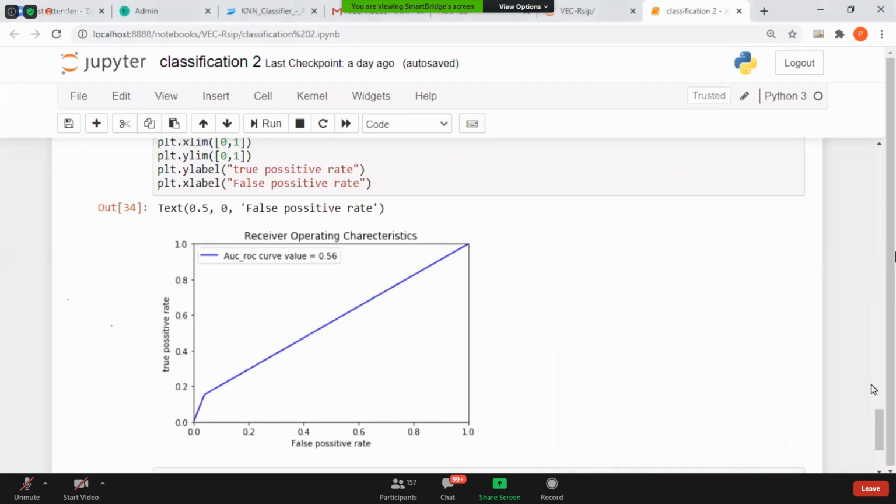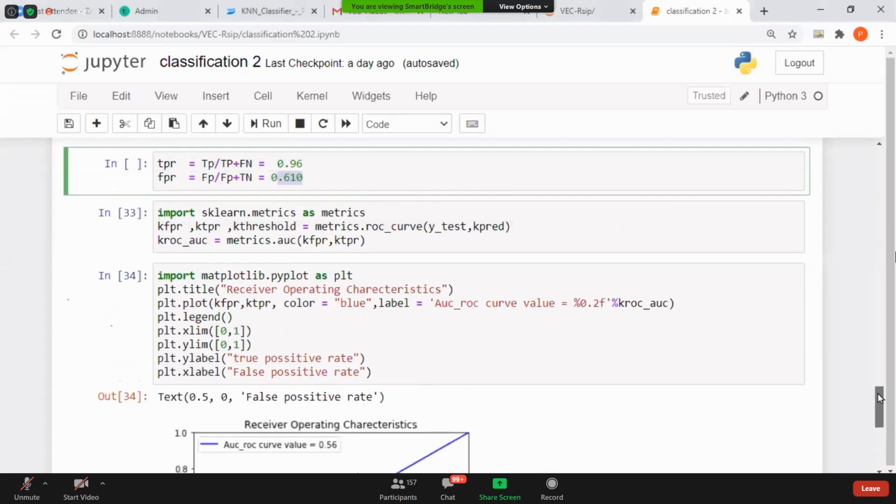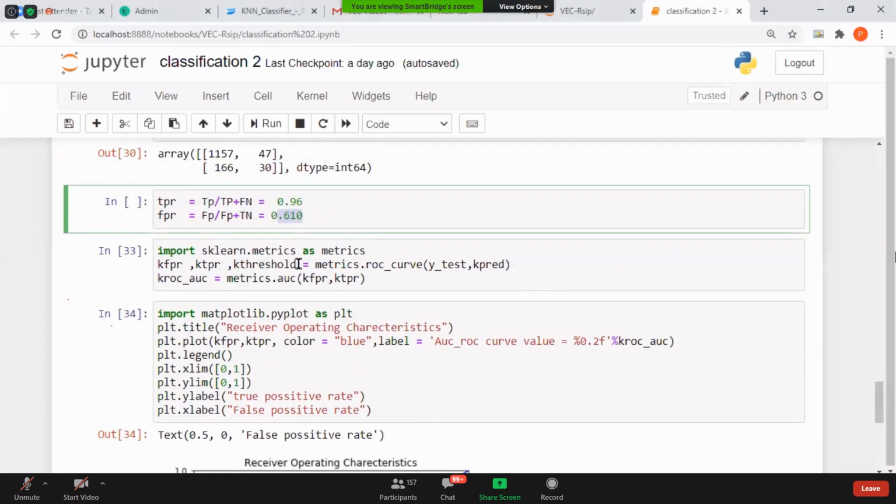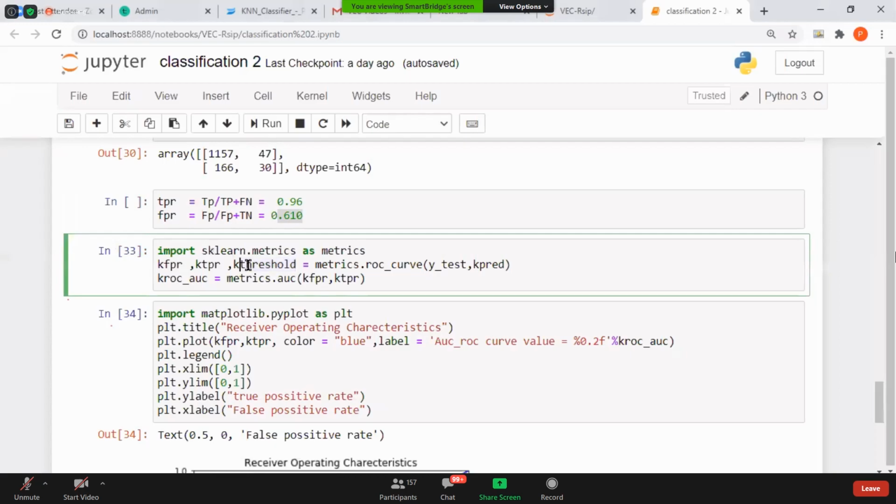Whenever you see here, there is something called threshold, right? Based on these thresholds, please calculate FPR and TPR of y test and the prediction. So what is this threshold? I will tell you.